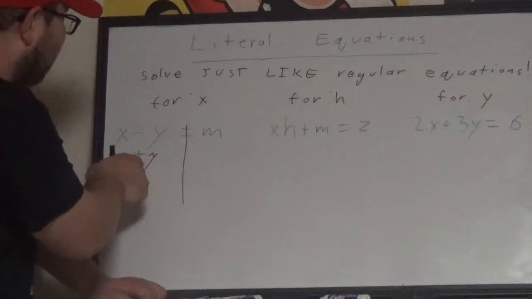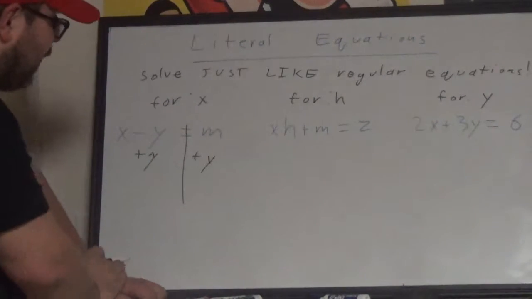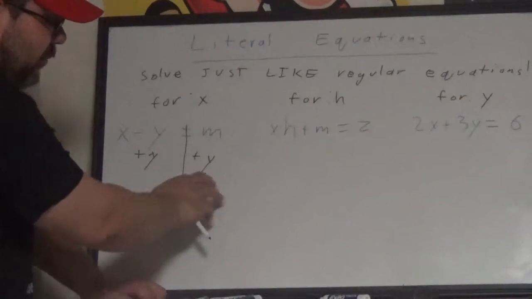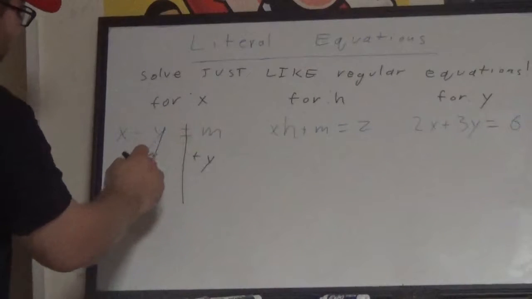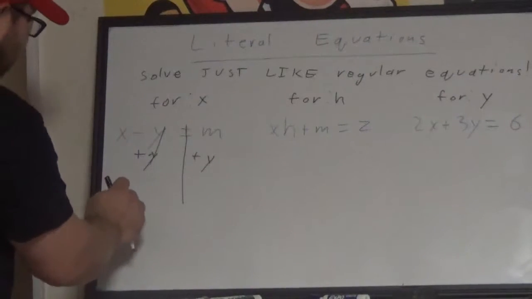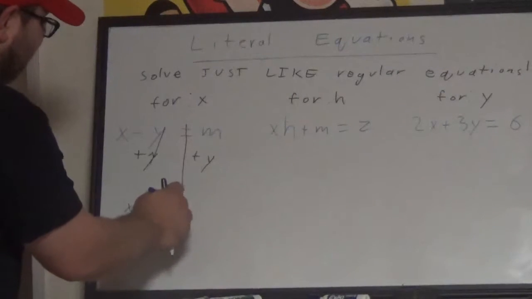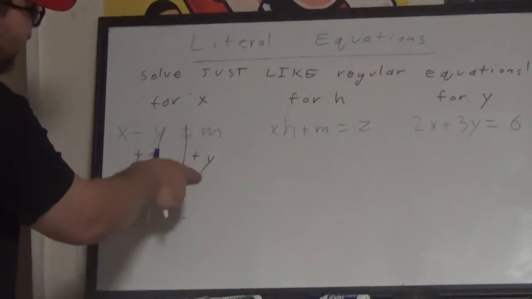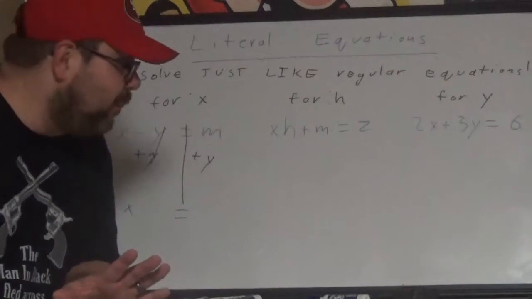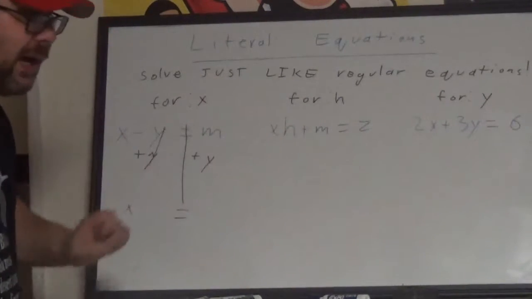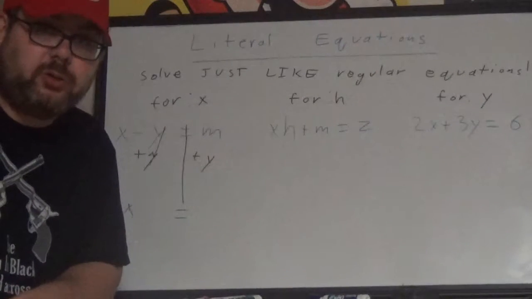Whatever we do to one side of the equation, we do to both sides. So I will add y on one side, add y on the other side. My y's cross out, and I'm going to wind up with x equals, and over here, this is the part that sometimes trips people up. We have m plus y. Remember that we cannot combine like terms.